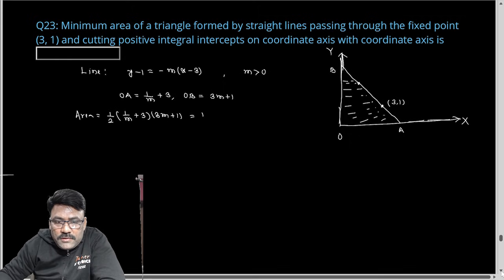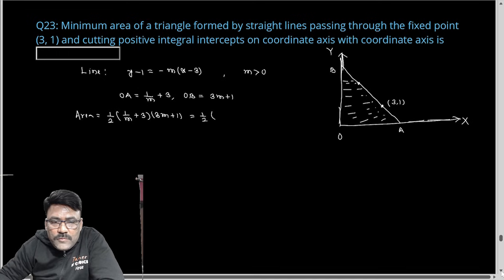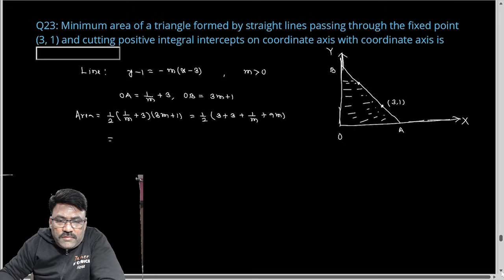Multiplying, I get half of (3 plus 1 by m plus 9m plus 3). So this area is half of (6 plus 1 by m plus 9m).